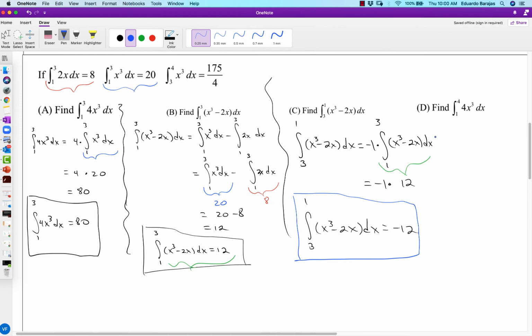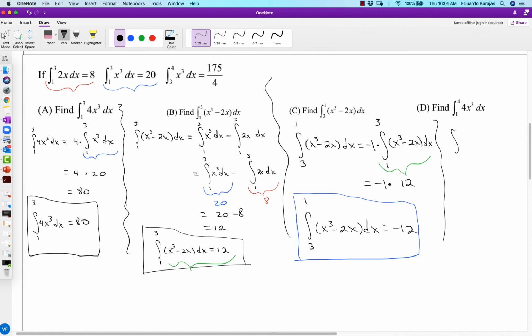Next, for part D, the integral from 1 to 4 on 4x cubed dx. From 1 to 4, this goes from 1 to 3, this goes from 1 to 3, this goes from 3 to 4. So there isn't any integral that goes from 1 to 4. So we're going to have to use one of our properties, the last property, I think is the fifth property, to introduce the value 3 so that I can rewrite this as the sum of two integrals.